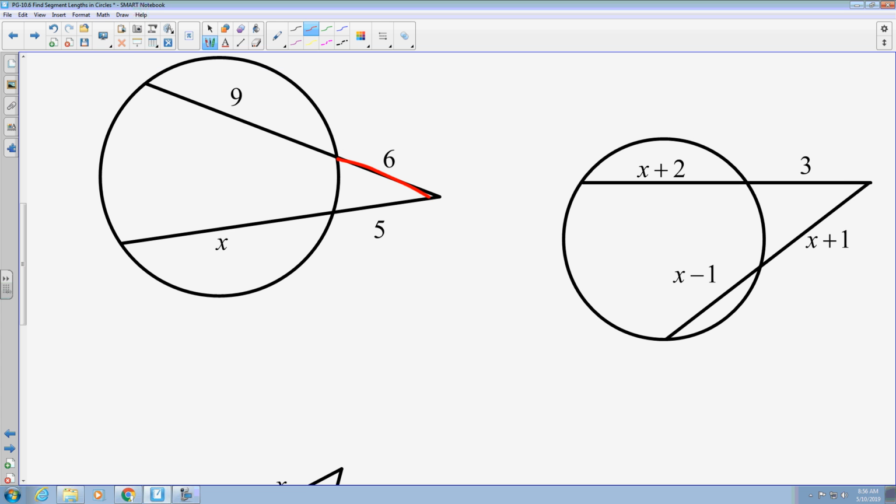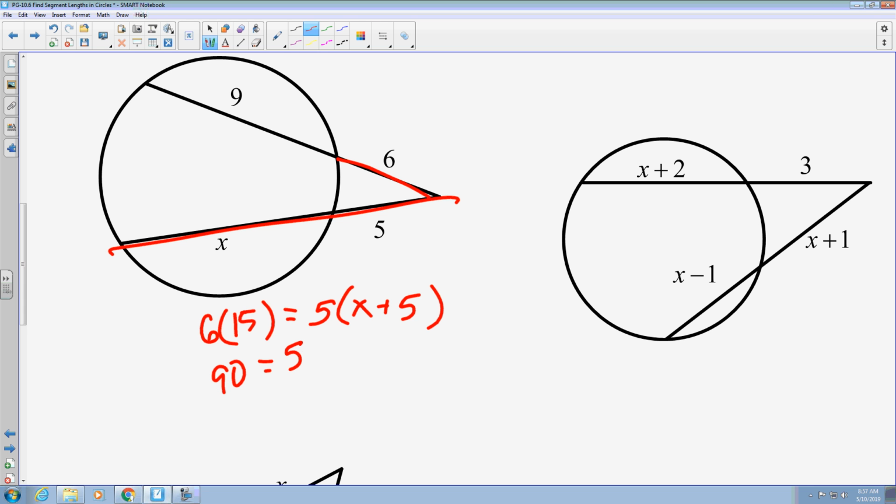On the exterior here I have 6, so I have 6 times the sum of this entire segment, which is going to be 9 plus 6, which is 15, and that's going to equal the outside here, which is 5, times the entire thing, which is going to be x plus 5. So 6 times 15 is 90.